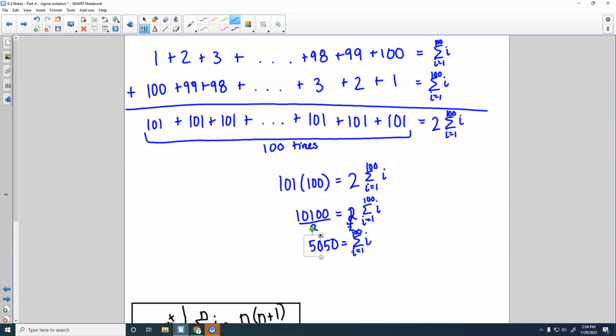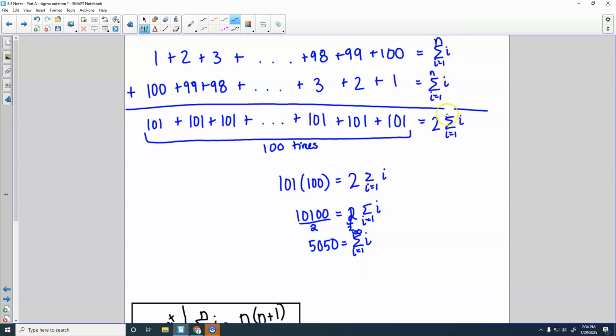So let's take this same reasoning, but let's change a couple things, and you can change it on yours if you want, or just watch, because this is the reasoning that goes behind the shortcut rule. So let's say it's not 100 anymore. Let's change 100 just to n, because n could represent any number.